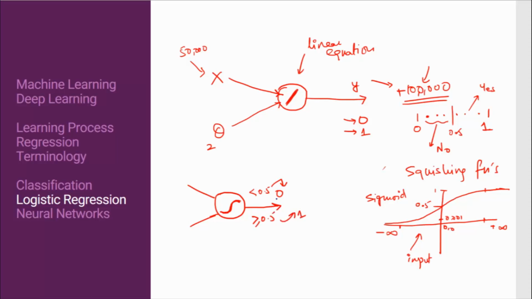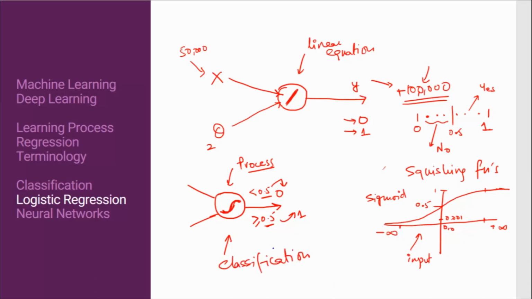So this process no longer outputs a real value. It outputs either a 0 or a 1. Why? Because we have a 0.5 threshold and we have squishing, which produces a value between 0 and 1. Now we have this squished function, and this is what we call classification.